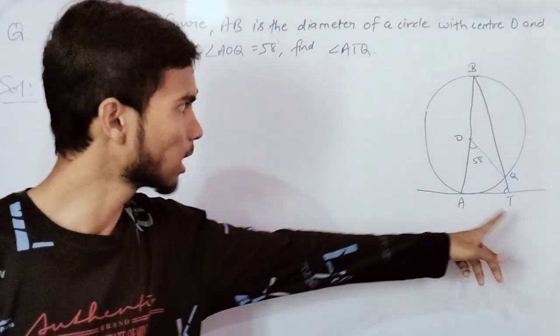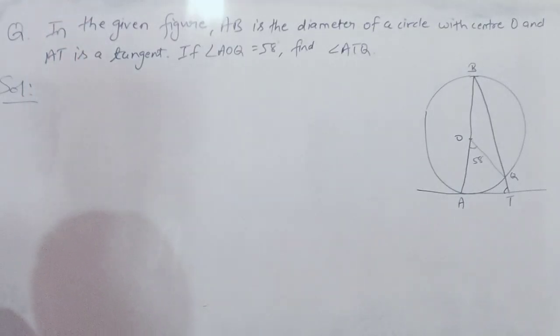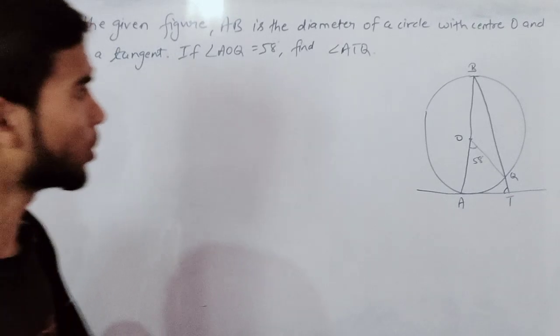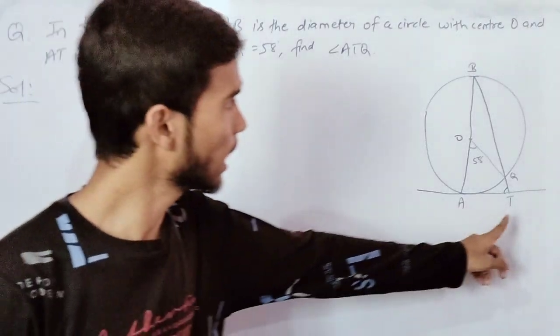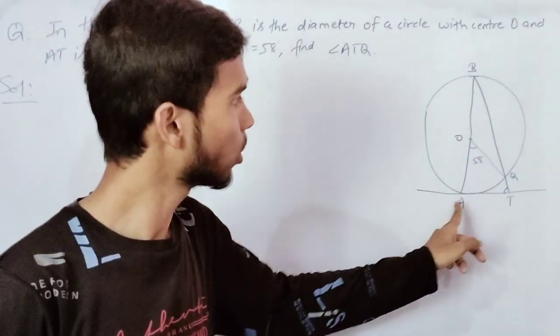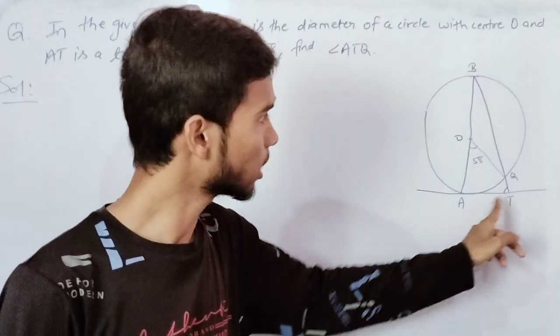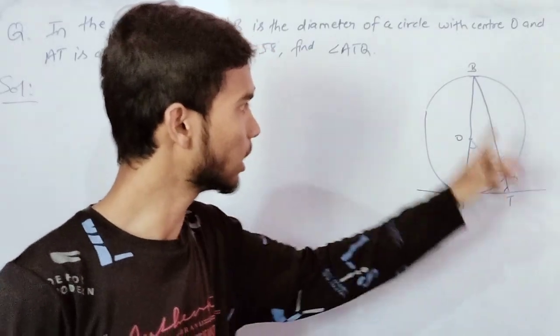Where is AD? AD is a line which is working as a tangent line. If angle AOQ is 58, find angle ATQ. The question is to find ATQ.